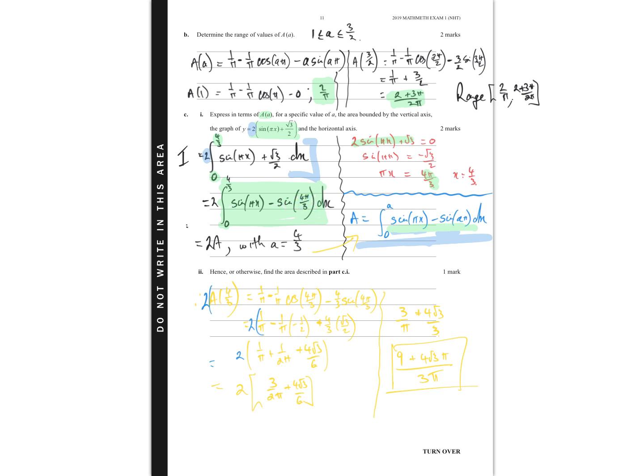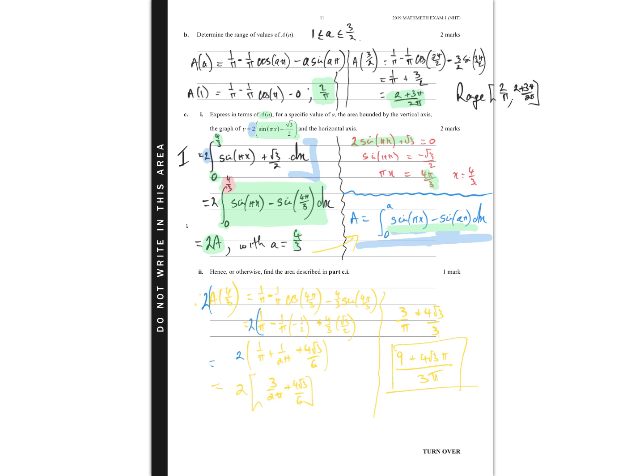That's the function. So I can write that left-hand side as simply 2a if in fact a is equal to 4/3, right, which it is because that's my limit of integration. Yeah, so that's my integral.